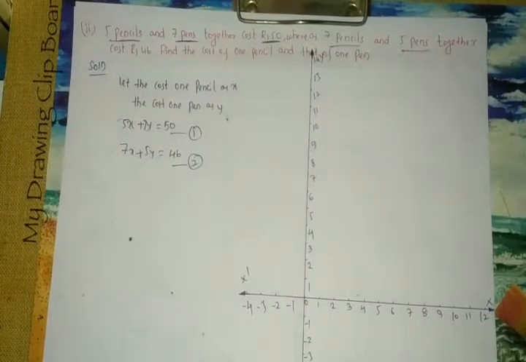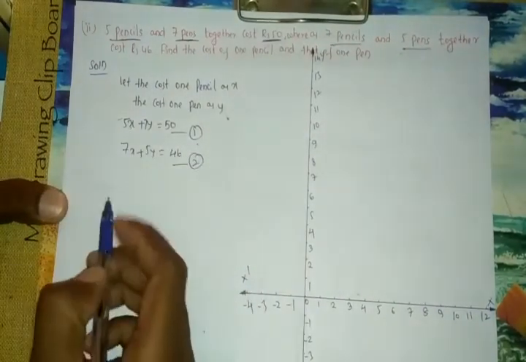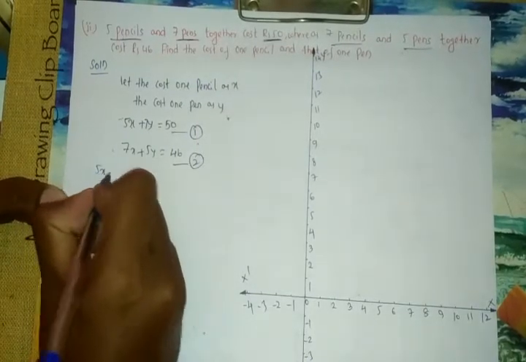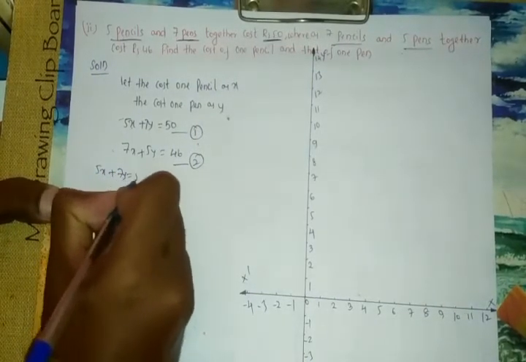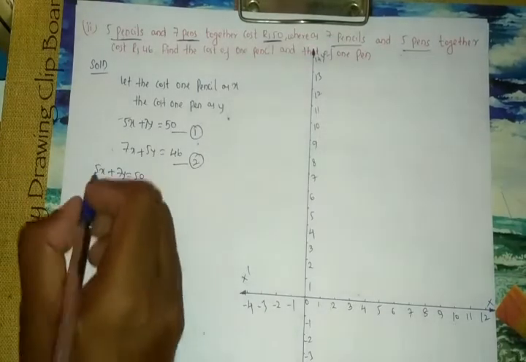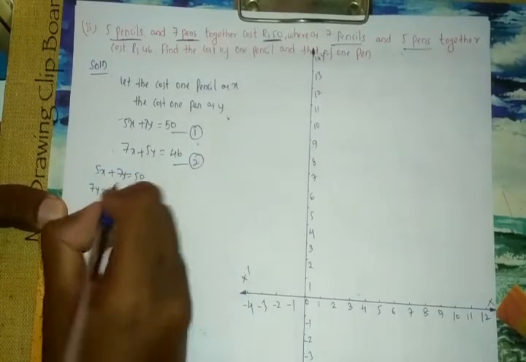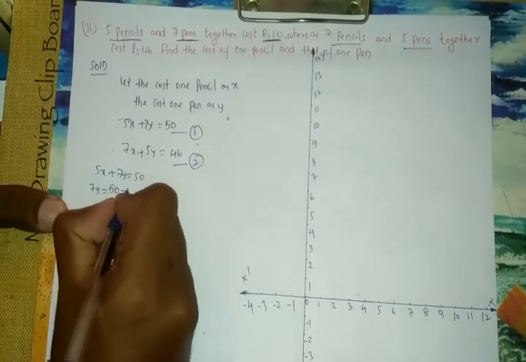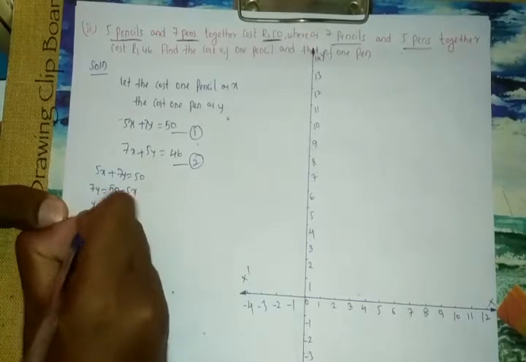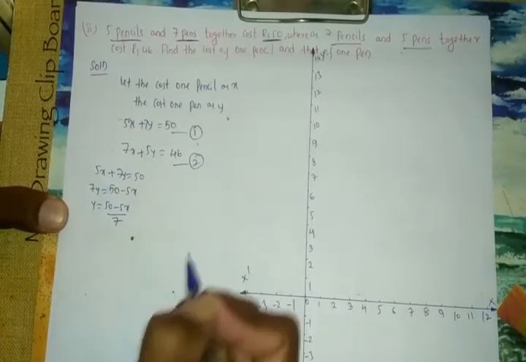Let me represent the situation graphically. I will take equation 1, which is 5x plus 7y equals 50. I will try to get y in terms of x. So 7y equals 50 minus 5x, or y equals 50 minus 5x by 7.